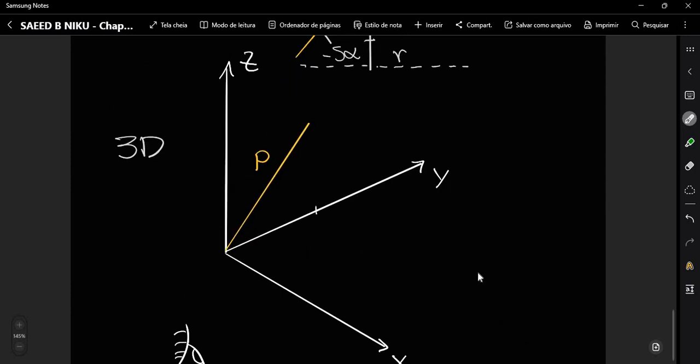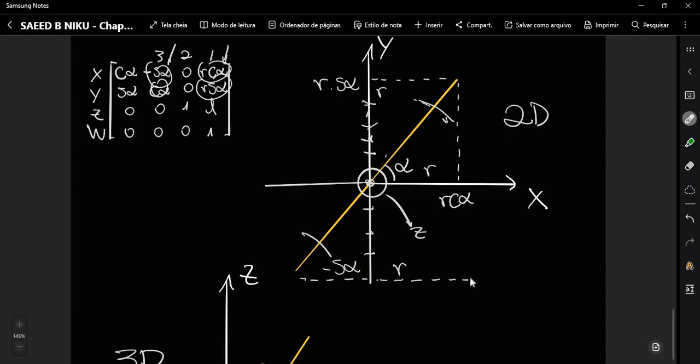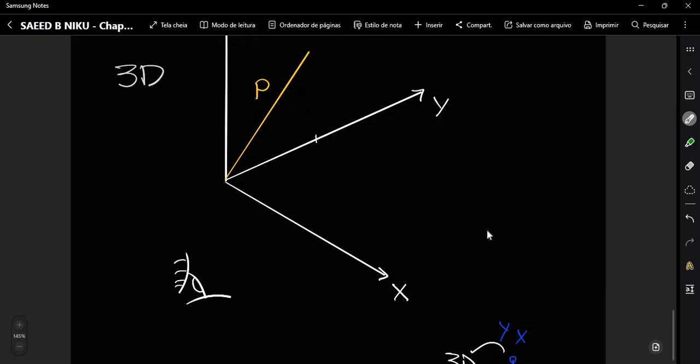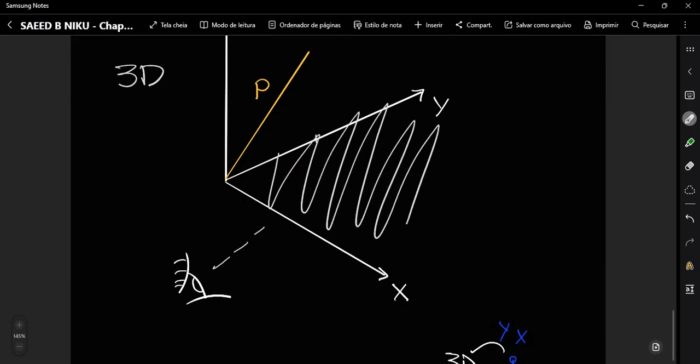So as we got the sense of the XY system, you can see, and again you have to have the sense of view. We are looking right here, and we are seeing the x, y plane.